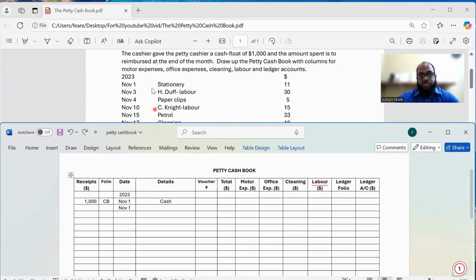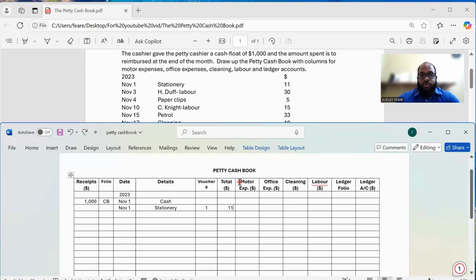The other transaction on November 1 is that, as the petty cashier, you would record that what you bought was stationery. All right, and of course, the voucher number, you can just put any number unless they specify, and the amount that was spent for stationery was 11.